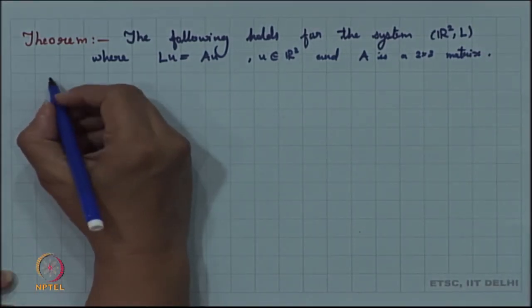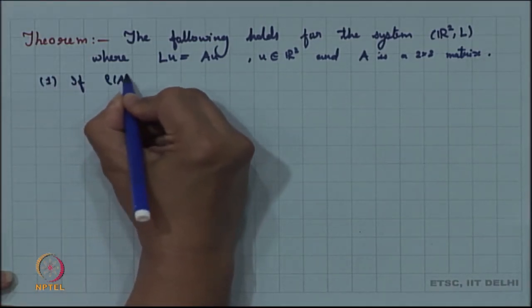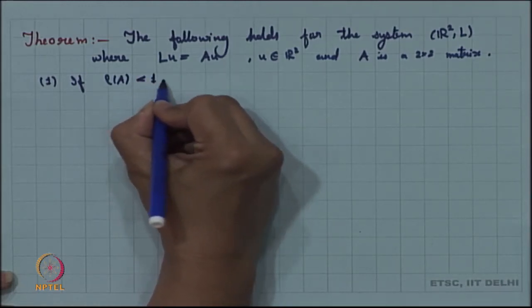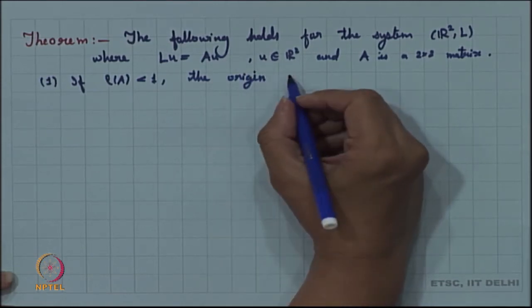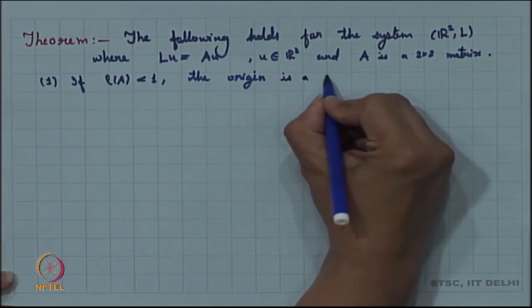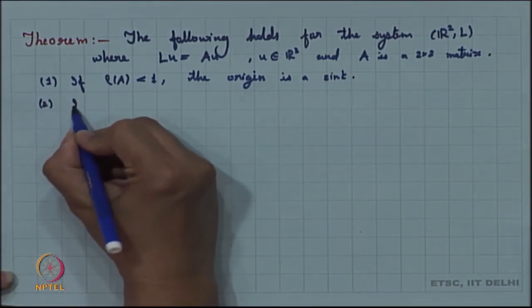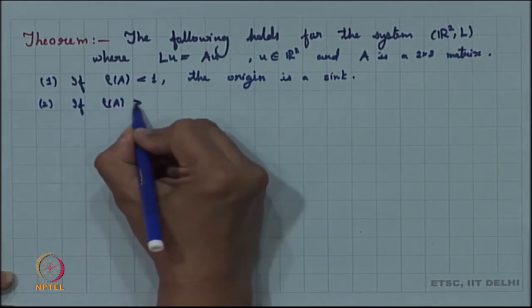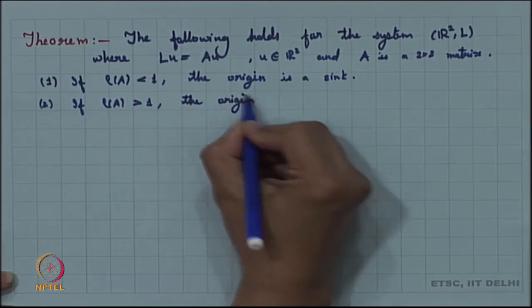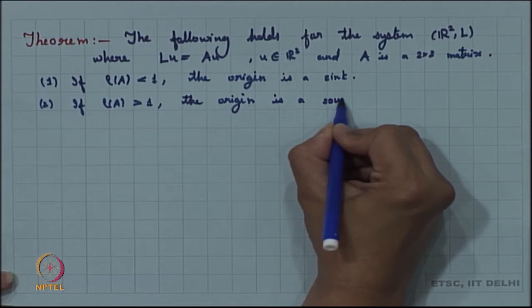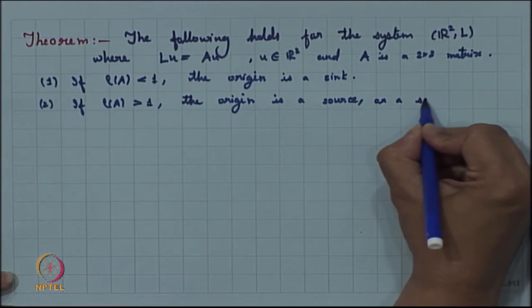The first thing that holds is: if rho A is less than 1, the origin is a sink. If rho A is greater than 1, the origin is a source or a saddle.